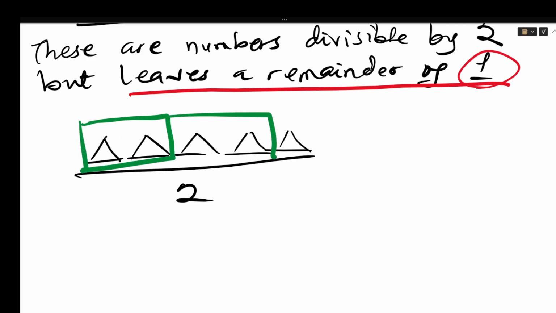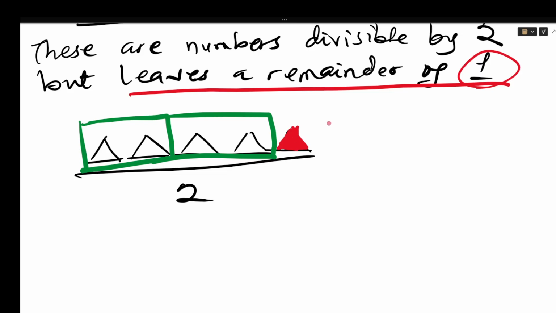I group my second 2. Now you could see this rectangle was left. And how many was it? Just 1. So that's why odd numbers are numbers divisible by 2, but leave a remainder of what? 1. There is no way it's going to leave a remainder of 2.